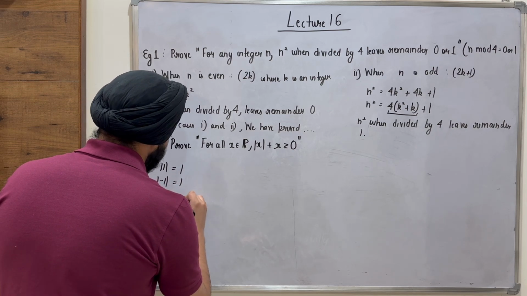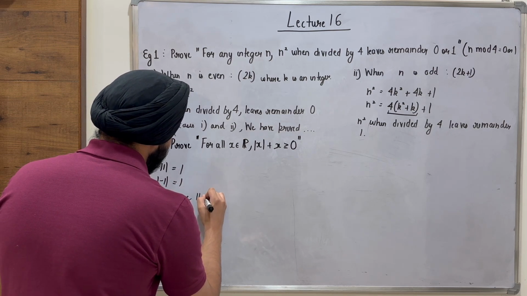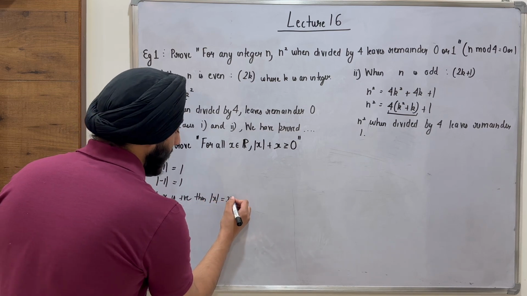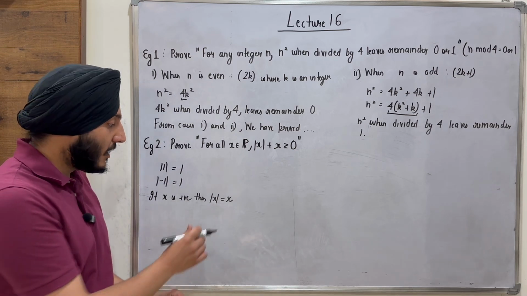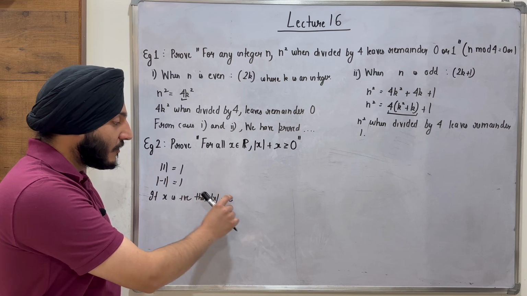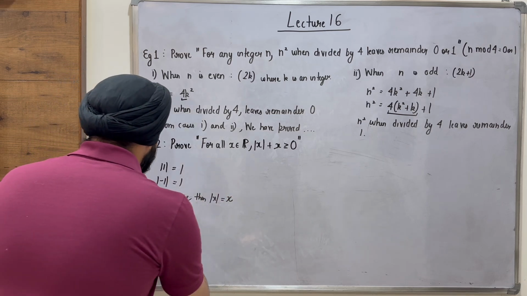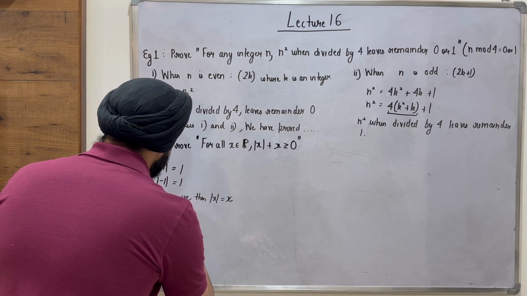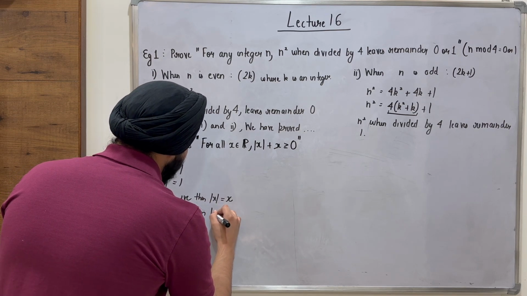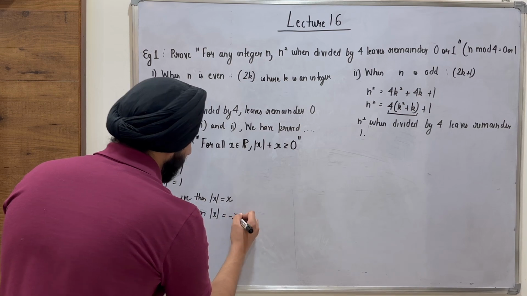Okay. So now one more important point to understand in this case is, if x is positive, then the absolute value of x is going to be x, right? You understand it? So if x is 4 or 5 or 6, then the absolute value of it is going to be 4 or 5 or 6. But if x is negative, then the absolute value of x is going to be negative of x.